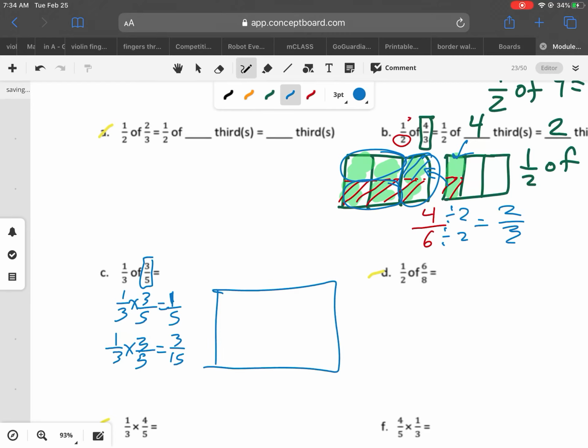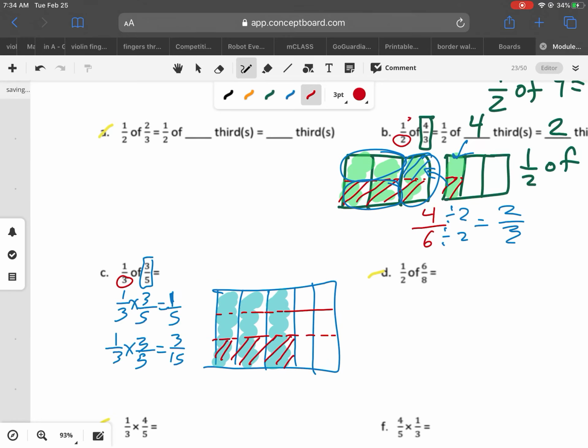Let's look at it again. Alright, so let's go ahead and go for our 3/5. 1, 2, 3, 4. Okay, and we're going to shade in 3 sections of that. 1, 2, 3. And then we are going to divide it into 3 sections. 1, 2, and 3.